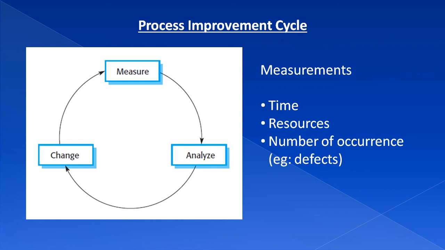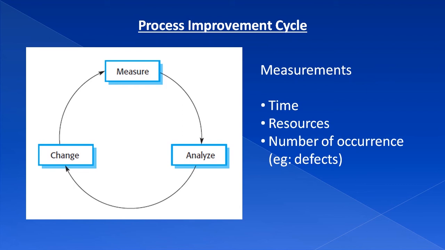Likewise, they measure the resources they used, then the number of bugs they come up with. They analyze it, find their shortcomings, change them to a better level, measure again, analyze with the new system and go for a new change. Likewise, it's a cycle, right?